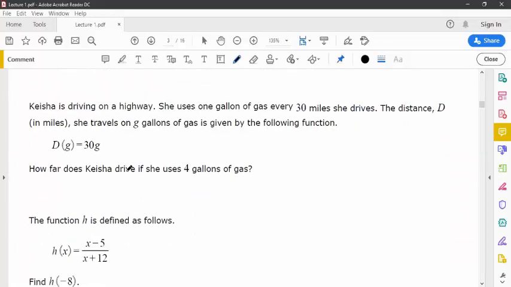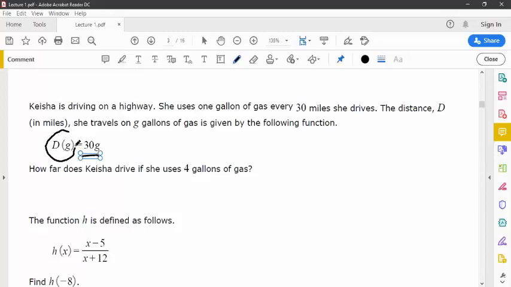Now let's get into some problems where we're going through a process called evaluating a function. So when we're evaluating, a function is given to us or defined for us, and we're just going to plug in a value for the variable in the given function. So the given function is d of g. The d of g, that first part, is just the name of the function.